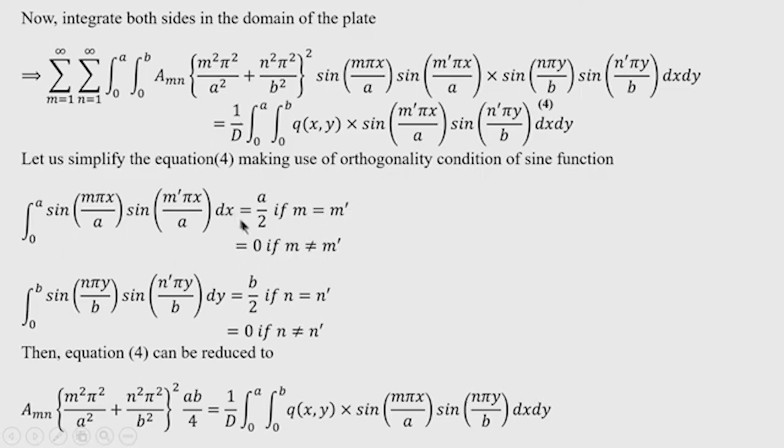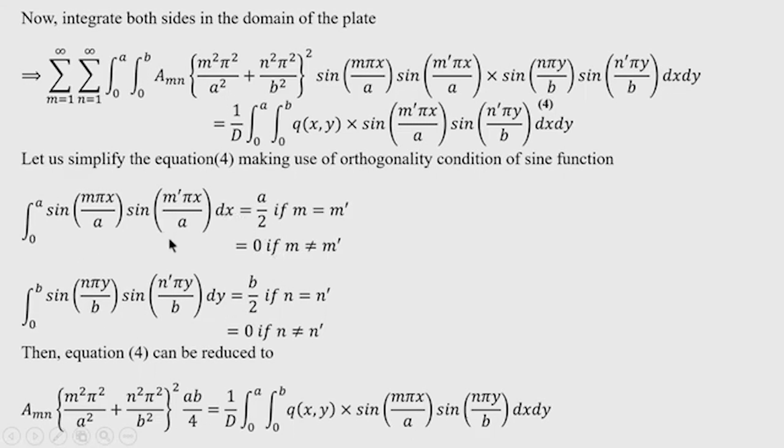So, this is one condition. Similarly, along the y direction, when I integrate with respect to y with limits 0 to b, we get b by 2 for n equal to n dash and 0 if n is not equal to n dash.